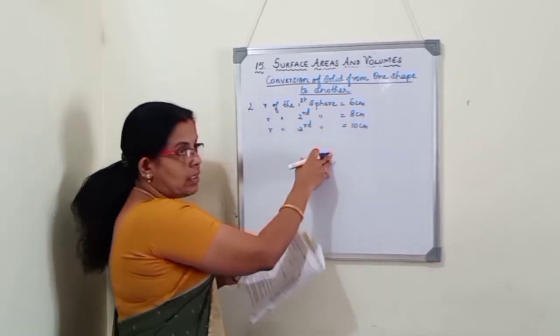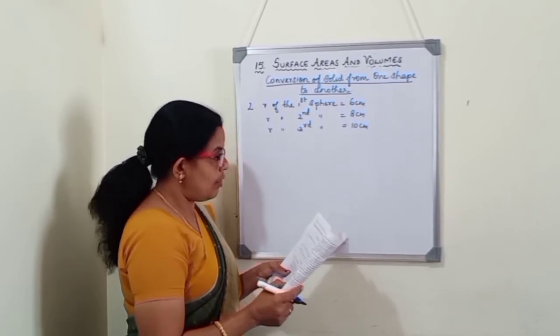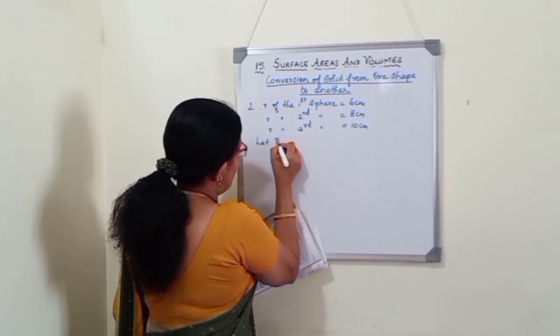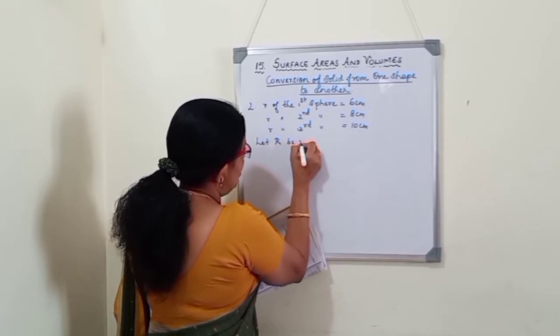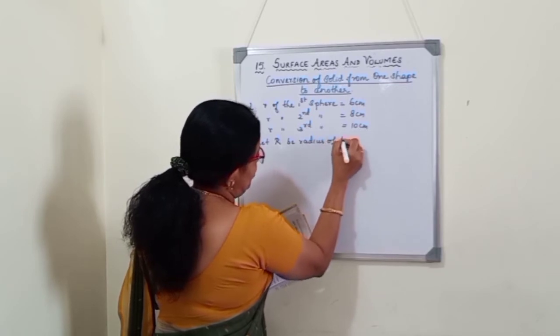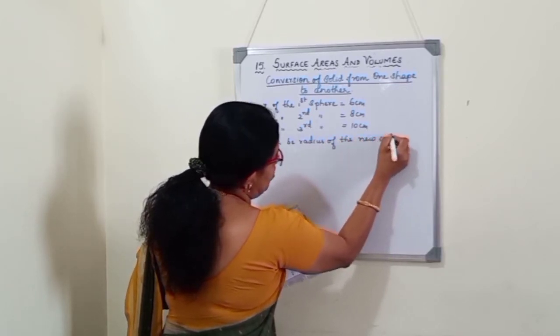So all these 3 spheres are melting and making a new sphere. Find the radius of the new sphere. So we will write, let capital R be the radius of the new sphere, or the resulting sphere which we are making.